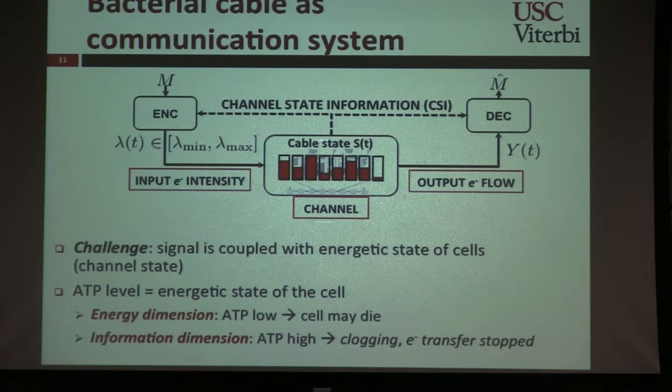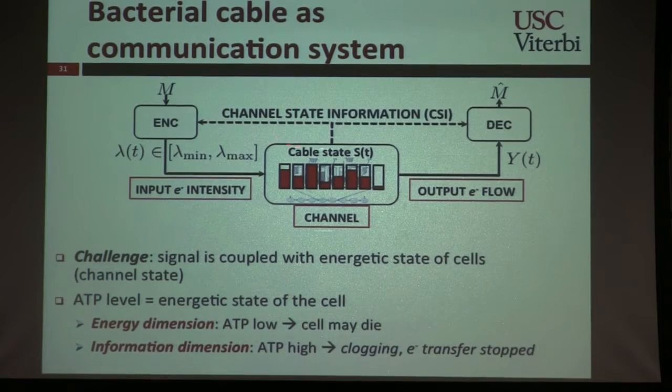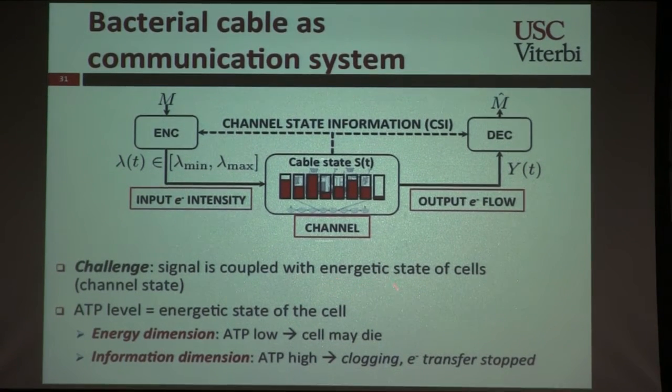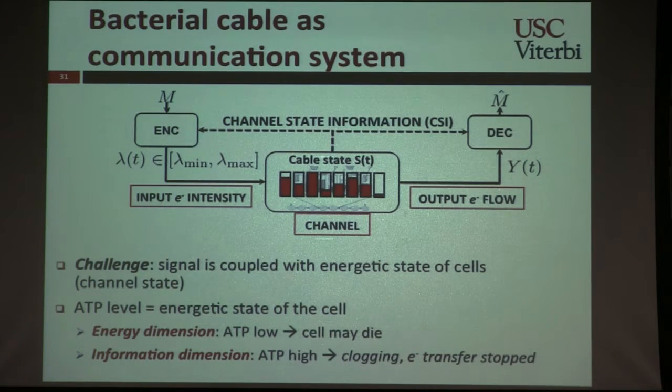And I'm going to look at this notion of the cable state, which is literally going to be the number of electrons in the system. Okay? And as I said, this is going to affect my ability to transmit electrons through the state. So I have this coupling between the energetic state of the cells. And I go back to this tension that I tried to sell you on earlier, which is energy dimension versus information dimension.